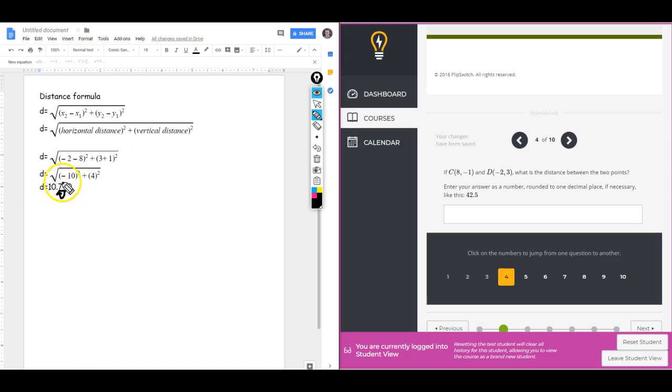It's closer to 80, so it's approximately equal to 10.8. So that's what we would type in for our solution. I hope that helps.